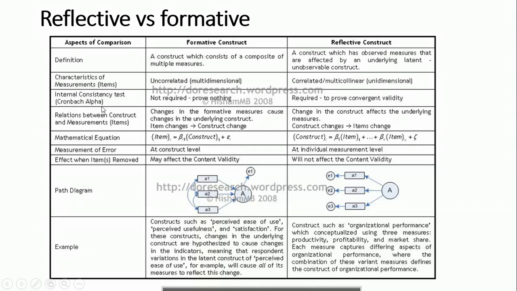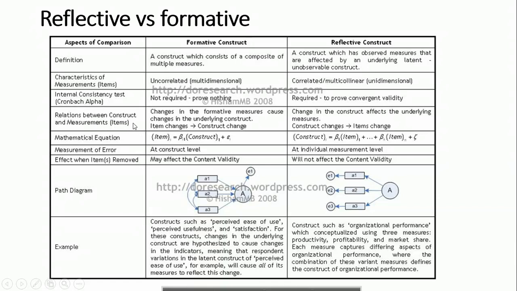For the internal consistency test, or Cronbach's alpha, it is not required for formative, but for reflective it is required to prove convergent validity.